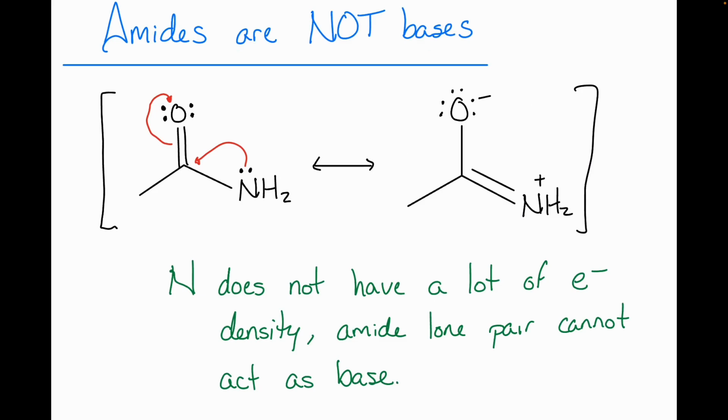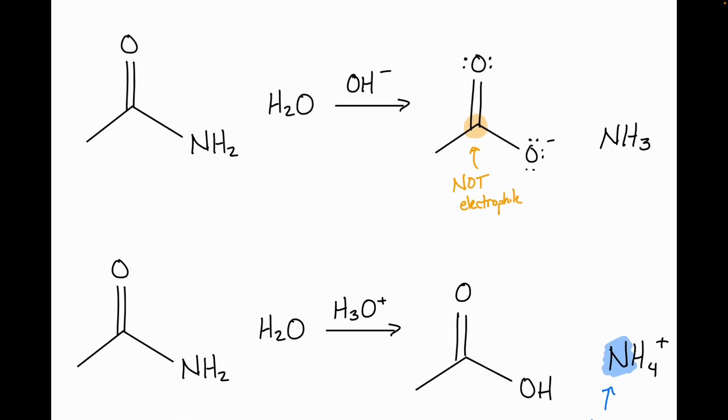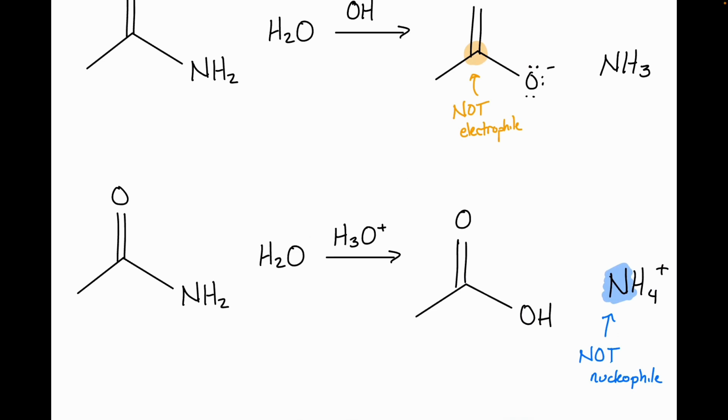We're not worried about protonating our amide under acidic conditions. That's why, when we were looking up here, we said that on the product side it gets trapped because now we have an amine that can be protonated. We're not worried about that happening over here on our reactant side under acidic conditions.